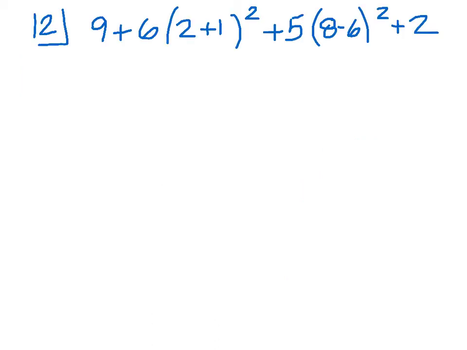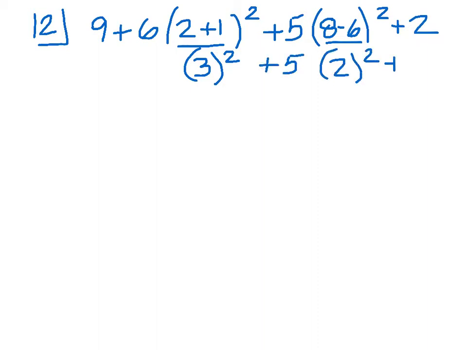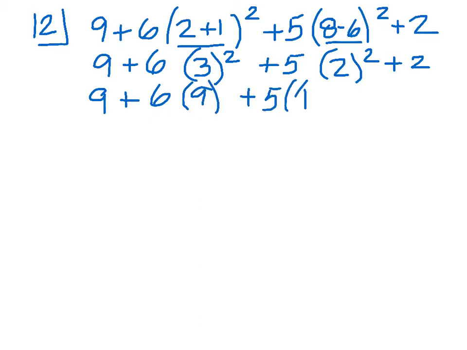Homework problem 12. You're going to go here and here first to get a 3 squared and then a 2 squared. Everything else is going to have to stay the same. Now go back and do the squares to come up with 9 and 4.